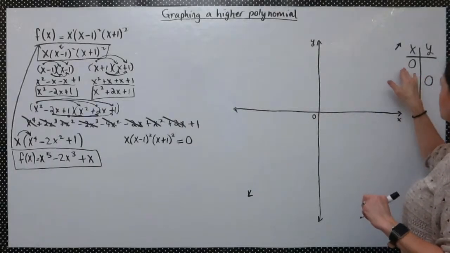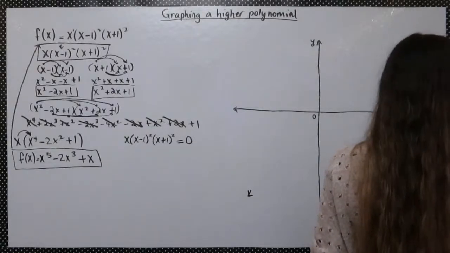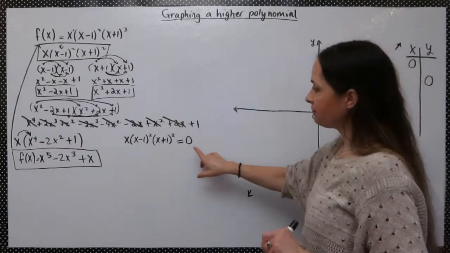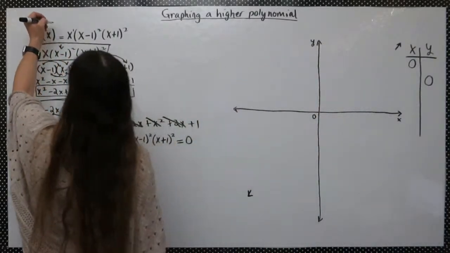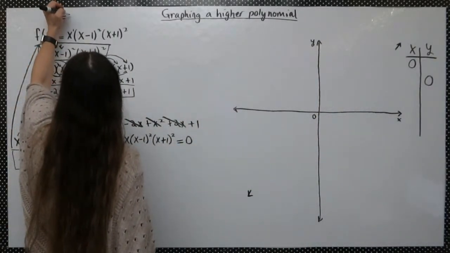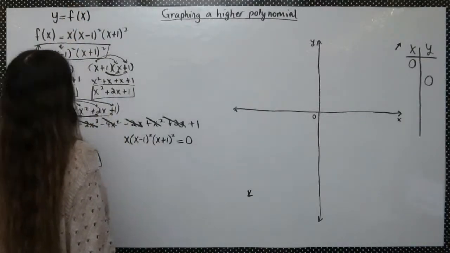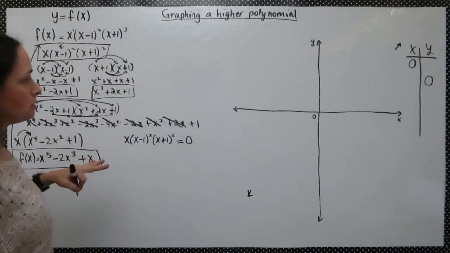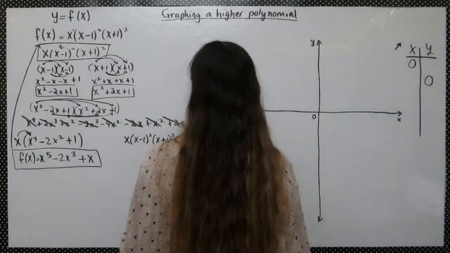So those are your intercepts. Remember that y equals f of x, so you have x comma y in your Cartesian coordinate system.